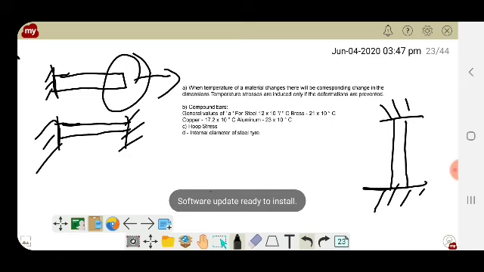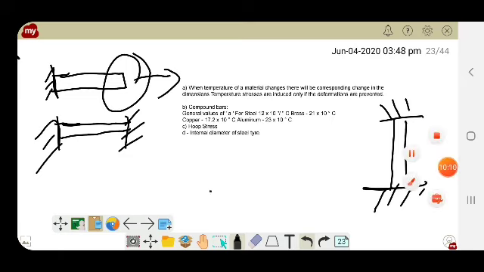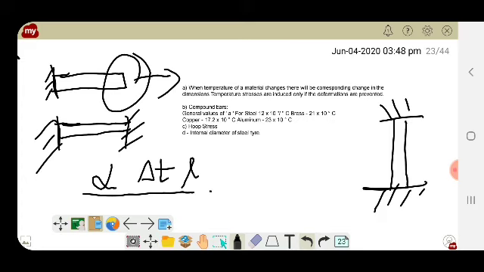Okay, how that can be included, I will tell that too. Suppose I give some temperature change delta T. Then the elongation that would have happened if it was not fixed is alpha delta T times L, where L is the length and alpha is the coefficient of thermal expansion.